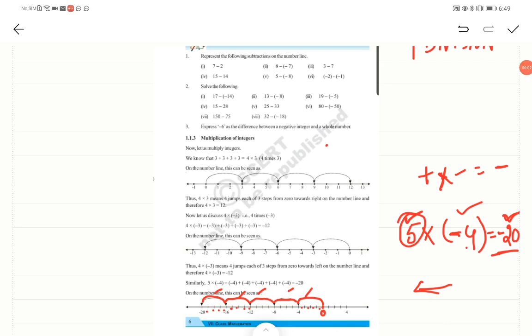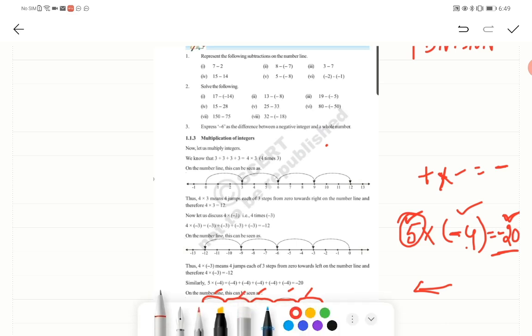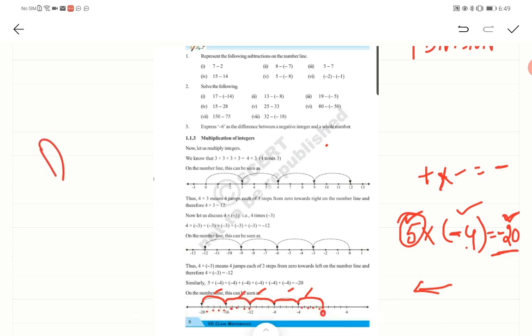Students, let's stop here for today. In the next video, inshallah, I will do some problems on division, and maybe some on multiplication.